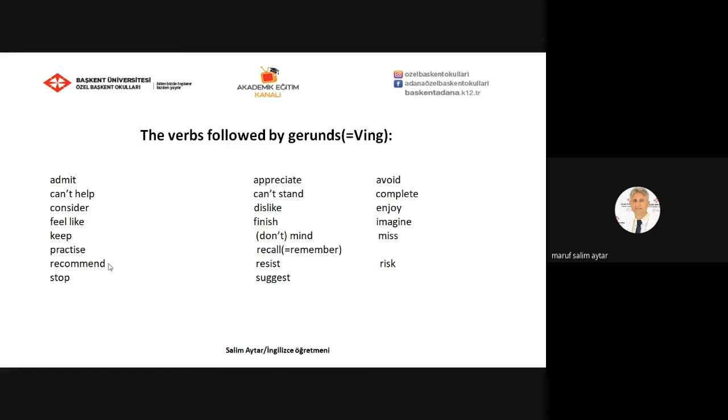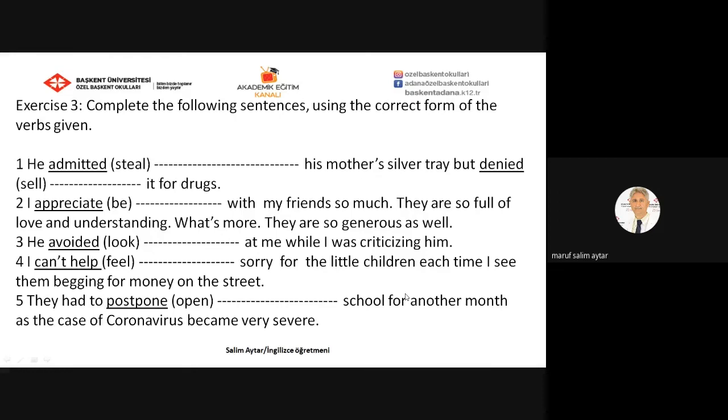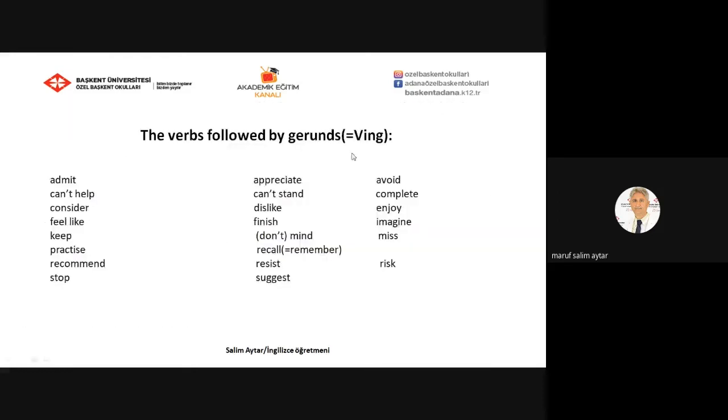The first one is, for example, after these verbs here, if another verb comes after them, the verb coming after them must take ing. And we call them gerunds. For example, admit doing something, can't help doing something, consider doing something. We need to have a gerund after them.